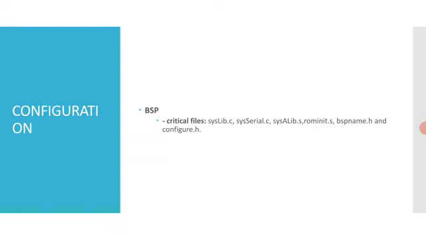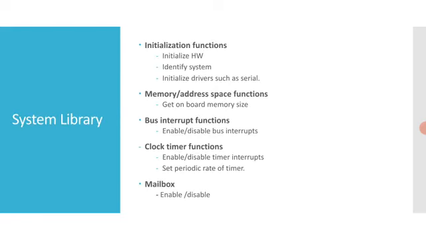So system libraries or initialization functions: initialize hardware, identify system, initialize drivers such as serial, memory or address based functions, get on-board memory size, bus interrupt functions, enable or disable bus interrupts, clock timer functions, enable or disable timer interrupts, and set periodic rate of timer. Mailbox, just simply enable or disable.